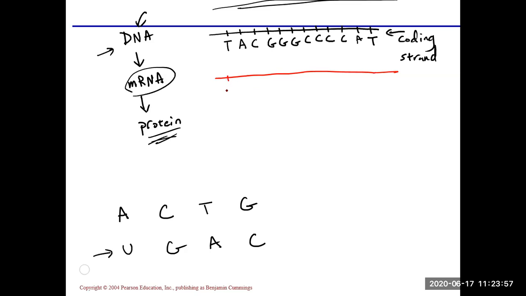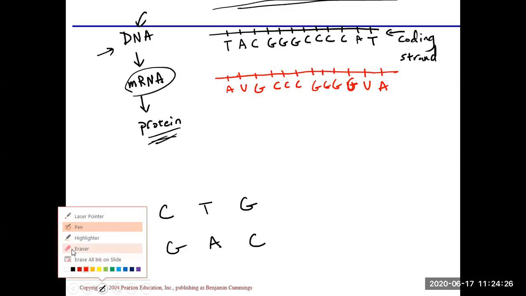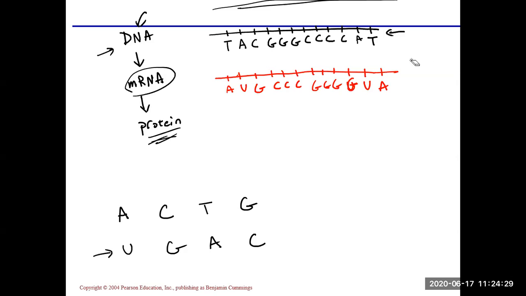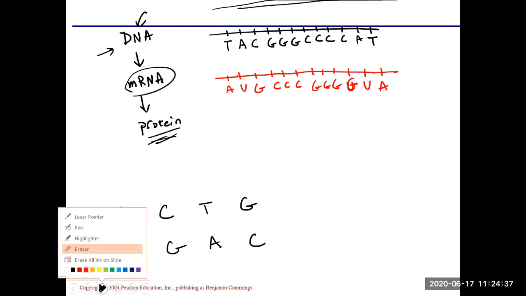I will explain further a little later on, but it looks like this is A, U, and G. And the next one, C, C, C. And the next three, it looks like is G, G, G. And the next one looks like it's G, U, A. Let me just modify it a little bit.